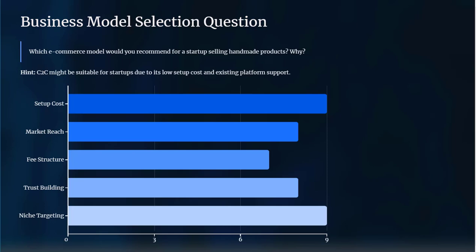Niche targeting scores a 9 out of 10, making C2C well suited for reaching specific audiences interested in handmade goods. Overall, the C2C model seems to be a strong contender based on these evaluation criteria. Let's discuss further how this could work well for the startup.